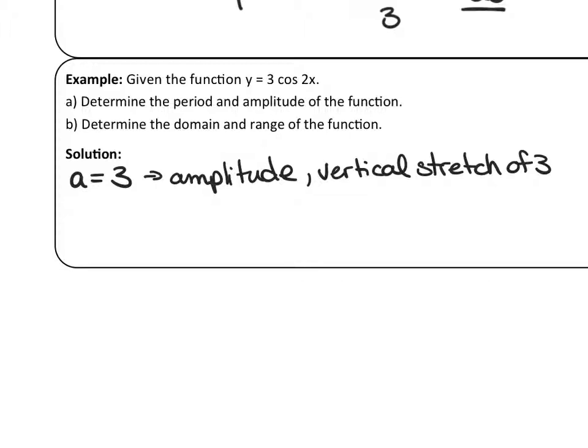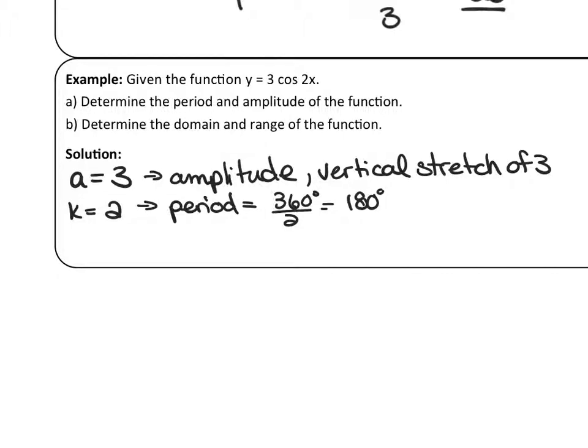And for the period, k is equal to 2. So our period equals 360 divided by 2, which is 180. So one whole cycle or one period is 180 degrees. We're going to get 2 cycles within the 360 degrees.